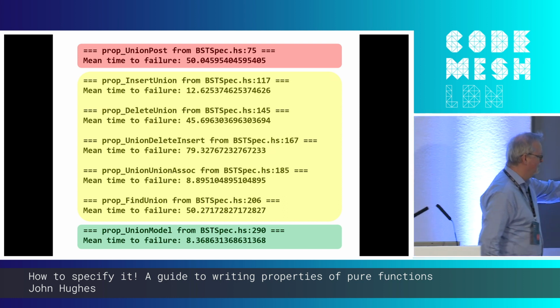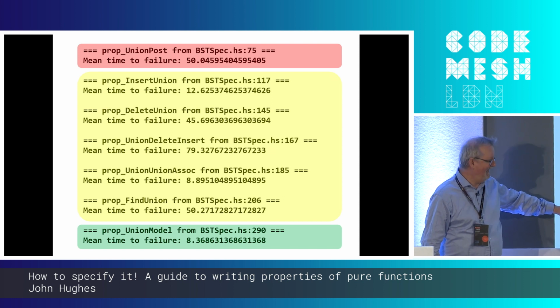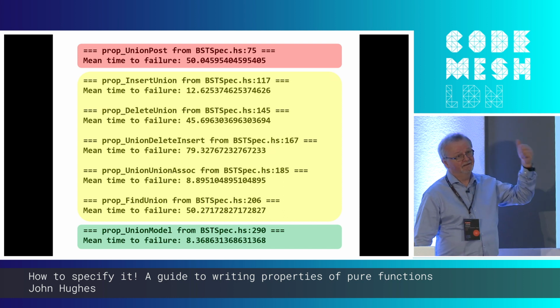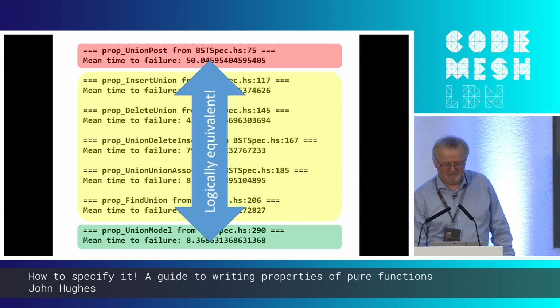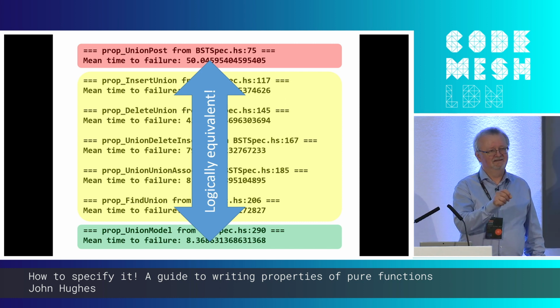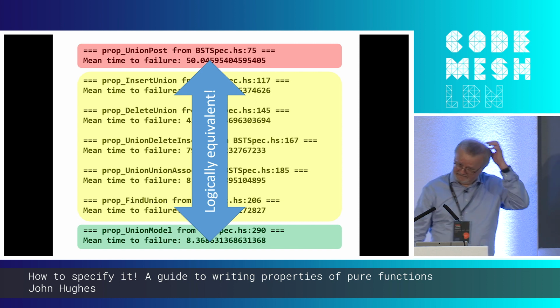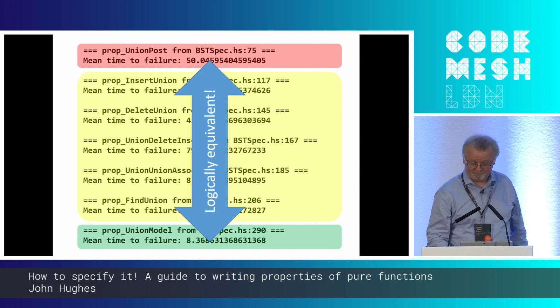Down at the bottom, we have the model-based test. On average, that finds the bug after 8.3 tests. 5 times faster than the postcondition at the top. Even though, if you read them logically, the postcondition at the top and the model-based test are equivalent. So, this is also something to bear in mind.